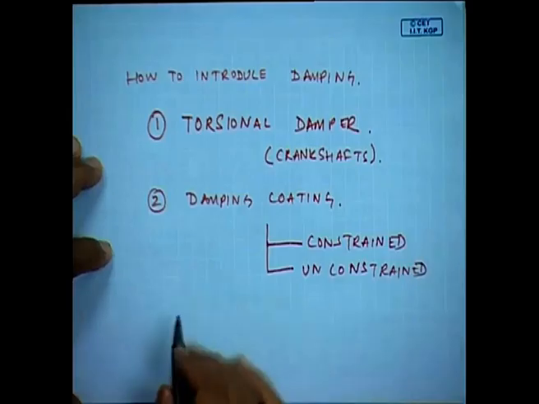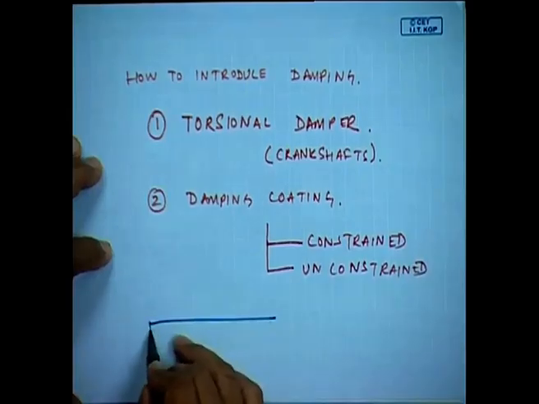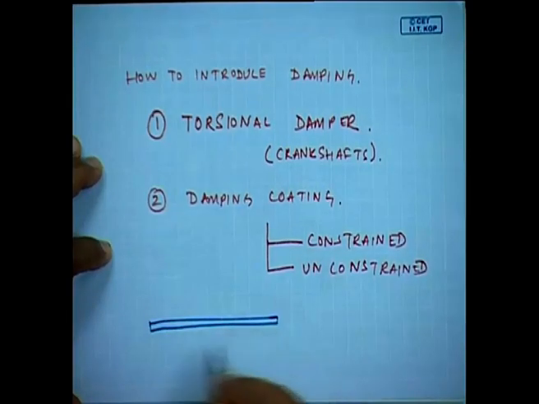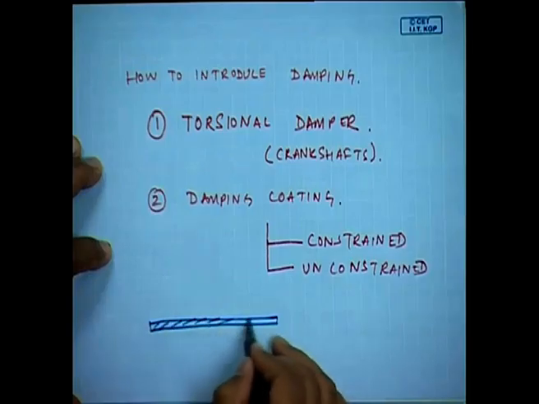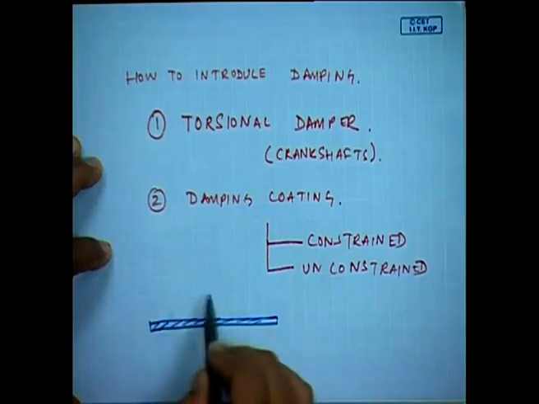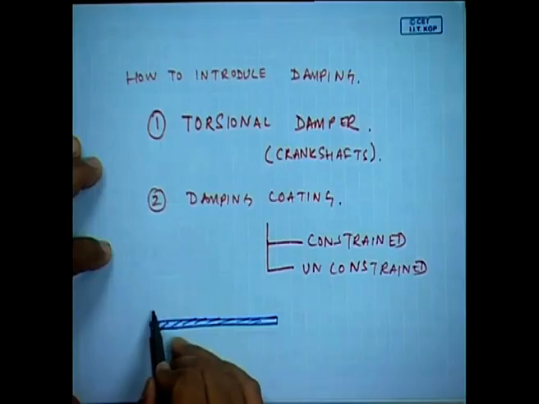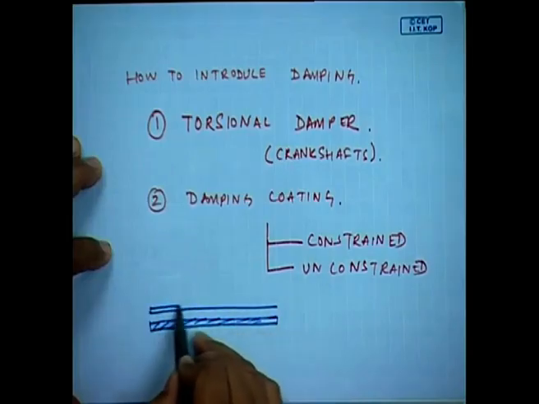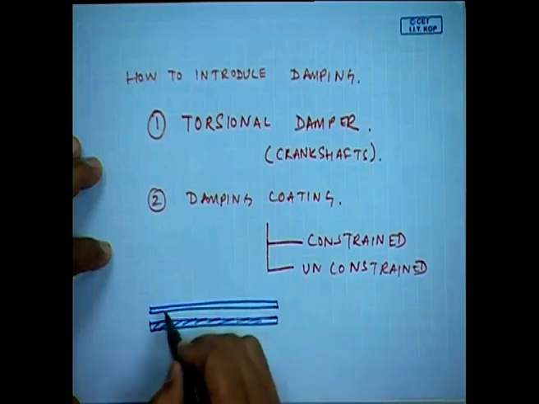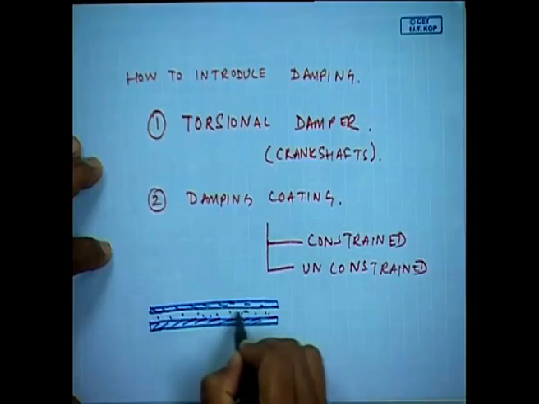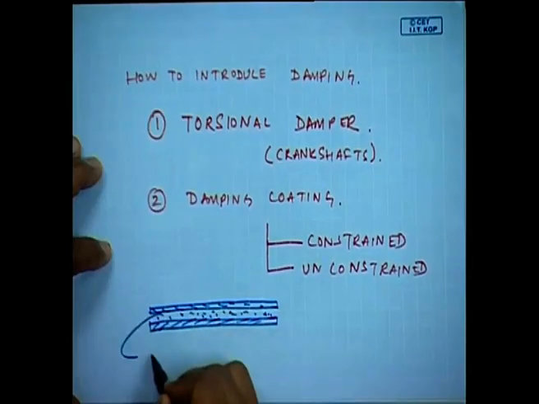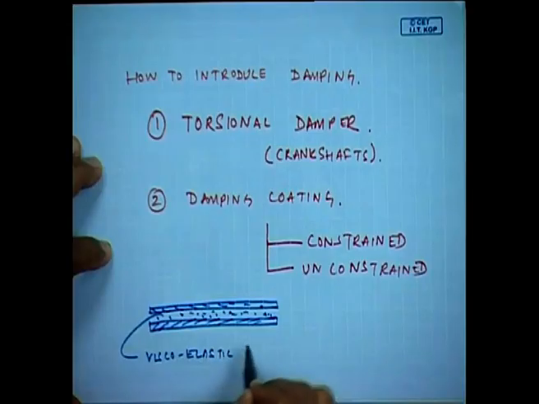So, basically if I have a surface, a sheet metal, in the constrained layer damping, what I could do is I will have another thin structural material, and here I will put a viscoelastic damping material.